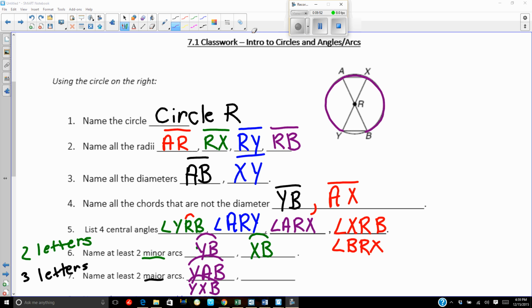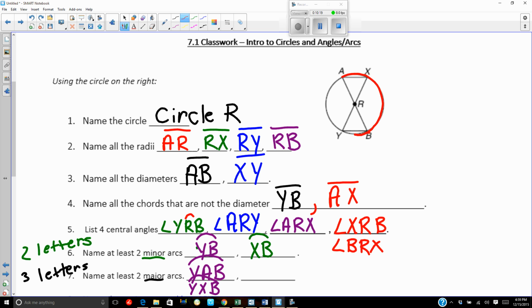See if you can find one other major arc. Name it with 3 letters. The arc has to be greater than 180 degrees. There should be 3 letters in your major arc answer. A lot of different choices. But I'm going to go from A. Going to have to go past from A to B because that's 180 degrees.